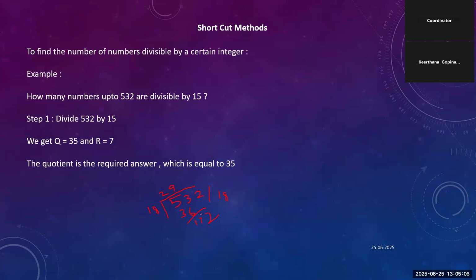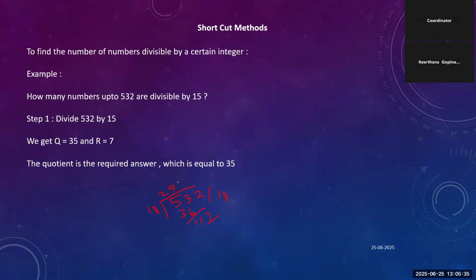There will be a remainder, but don't worry about the remainder. So 29 numbers below 532 are divisible by 18. This way you should be able to answer the moment you look at the problem. Problem recognition is a very important aspect of logical reasoning. You should recognize the problem and adapt the suitable shortcut method.